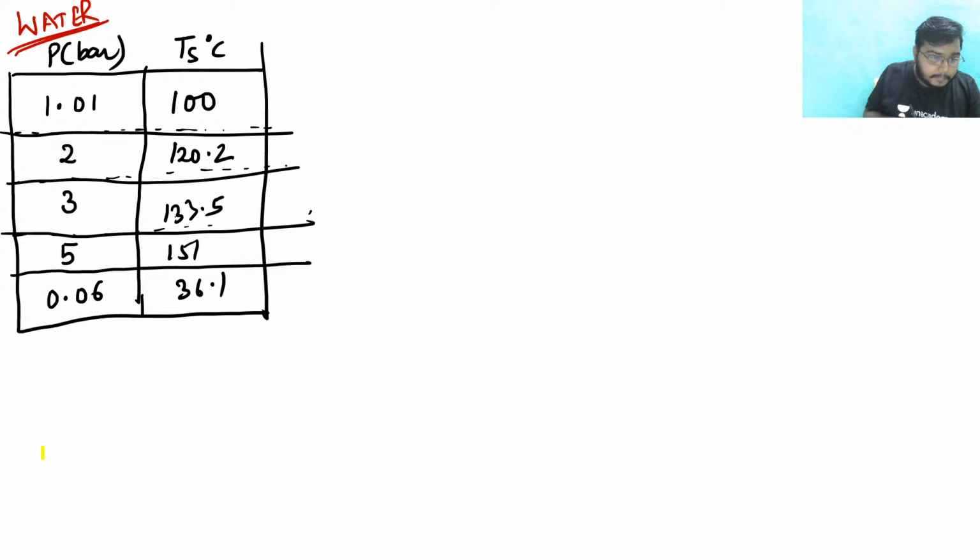Now you can see, if the pressure is 1.01 bar, my saturation temperature or boiling temperature is 100 degrees Celsius. When my pressure is 2 bar, the temperature is different. My pressure is increased, temperature is increased.